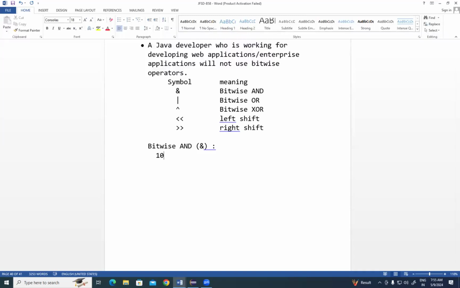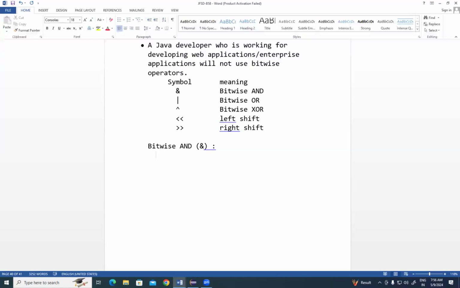Any number you write, whatever numbers we are using, these are all decimal number systems. But bitwise operators don't work on the decimal system. They work on the binary system. We have to convert this into binary. Let me tell you how to convert into binary.